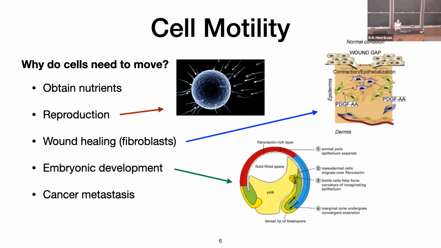And also for embryonic development, cells need to migrate to certain areas for proper development of an embryo. And then for evil purposes, such as cancer metastasis, we want to understand what's happening in cell migration so that we could prevent it.